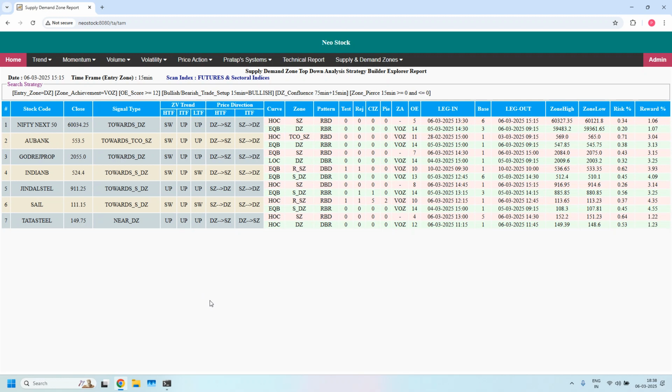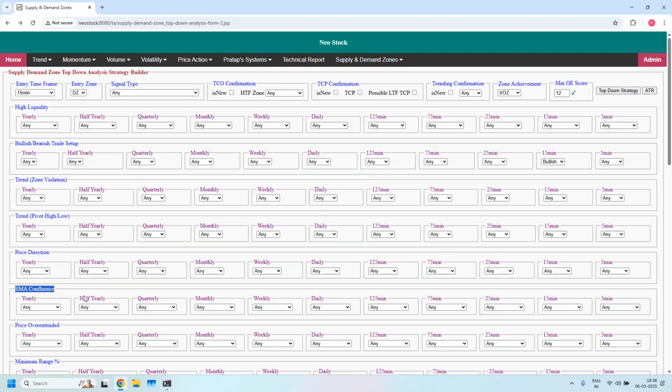That's why let's verify if 75 minutes demand zones have daily EMA confluence. If any stocks are there, they could be even higher probability trade setup supported stocks to get the success. Let's verify. In the EMA confluence at 75 minutes time frame, I am setting the filter 75 minutes demand zone having daily EMA confluence.